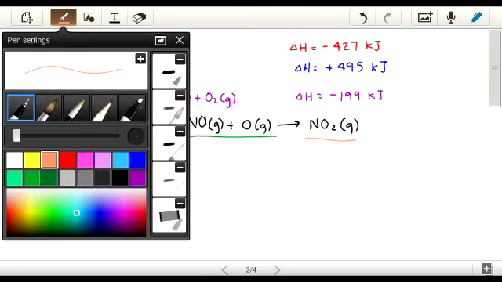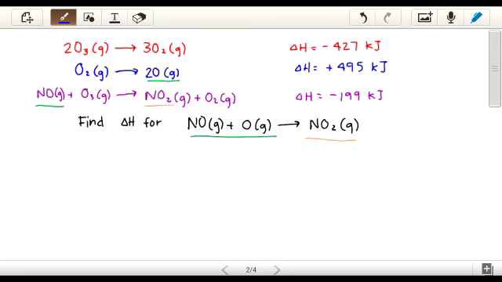So what we're going to do first is reverse the blue equation because O has to be a reactant and on the left side. So I will rewrite it reversed. And so the change in enthalpy is going to have to be negative instead of positive because it becomes an exothermic reaction.